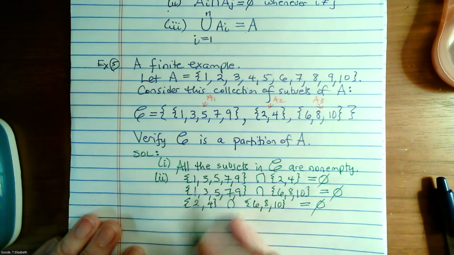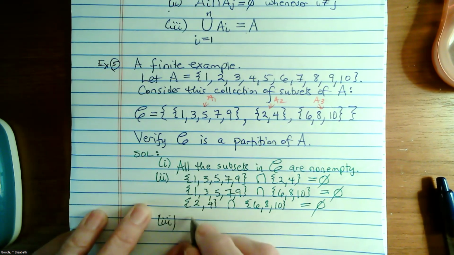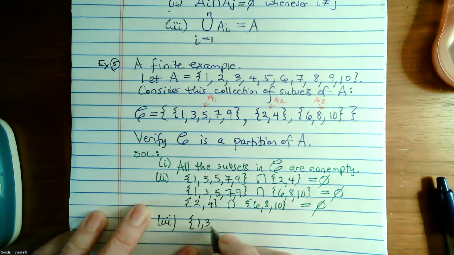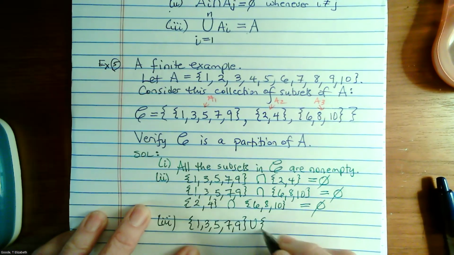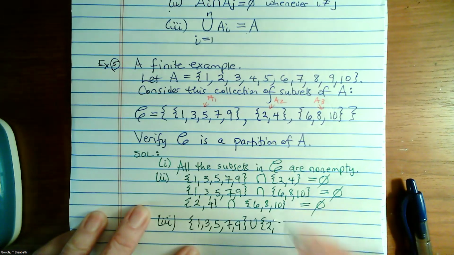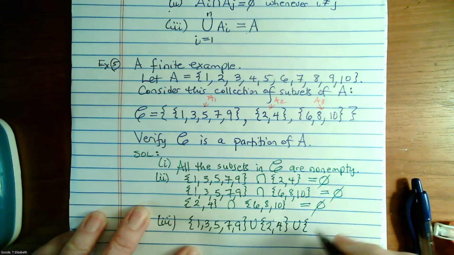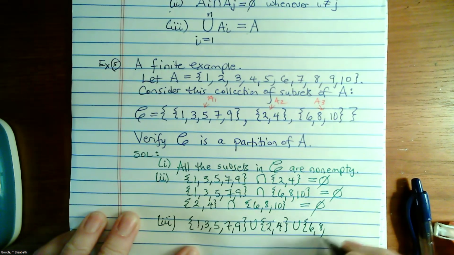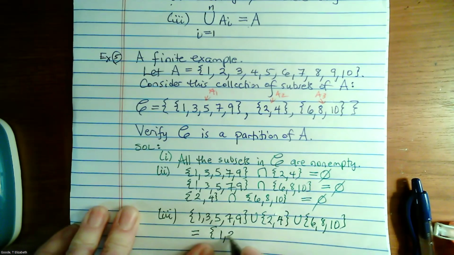Finally, is the union of these three sets all of A? Well, let's just take a look. If we union together these three sets, that is going to have every single element.